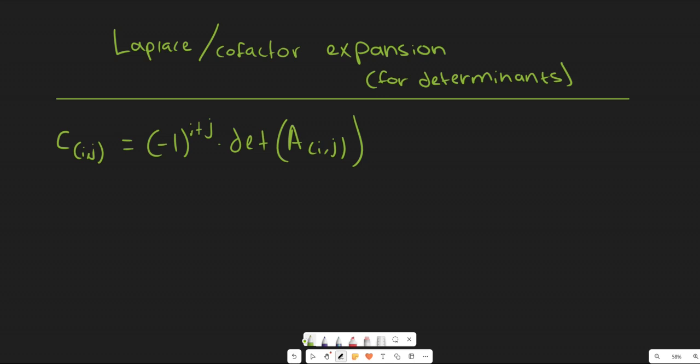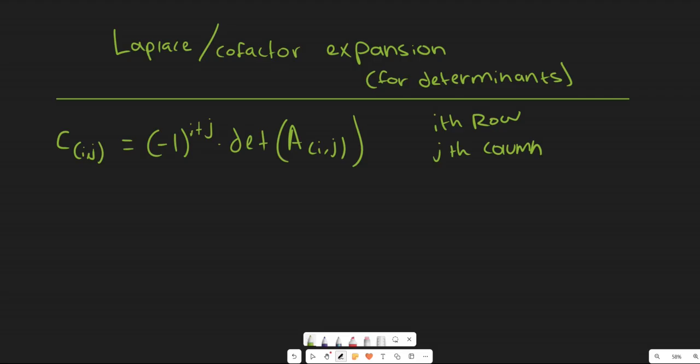This is a matrix that's contained within your larger matrix. I'll show you what that means in a moment, but this is your equation for cofactor expansion, where i is the ith row and j is the jth column.